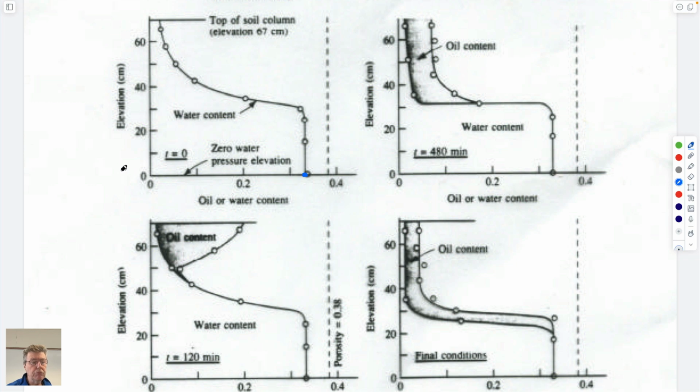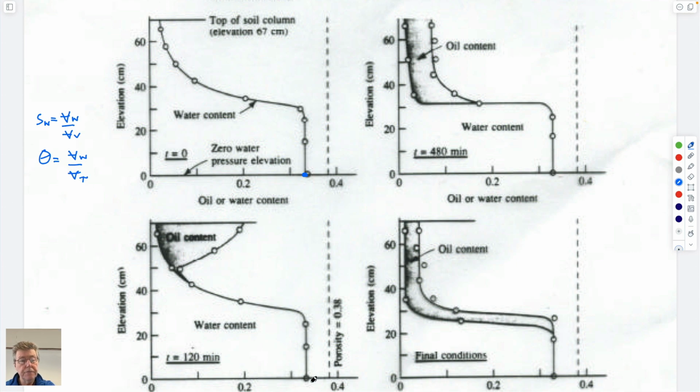This in terms of water content, and so you'll remember that, not sure we said that, saturation of water is equal to the volume of water over the volume of voids. Volumetric moisture content is equal to the volume of water over the total volume of the soil sample.